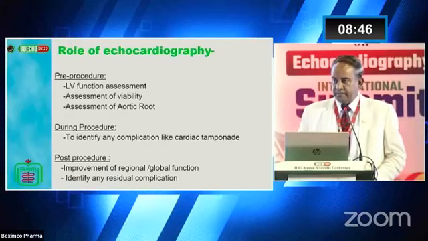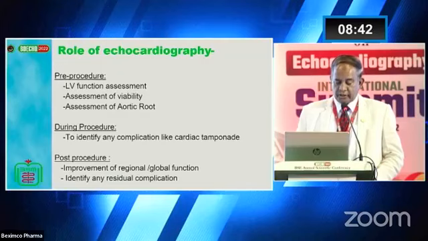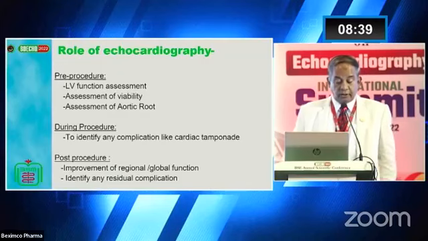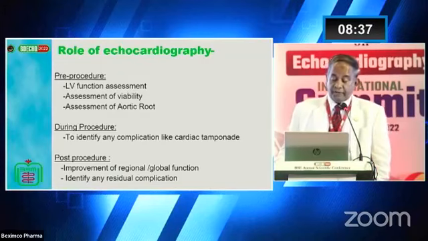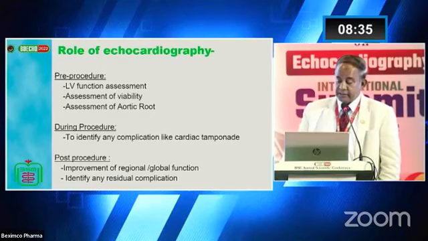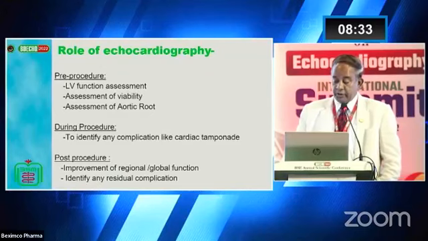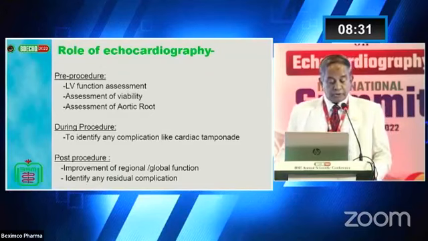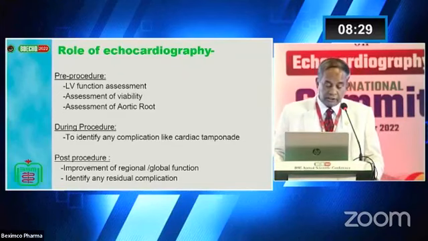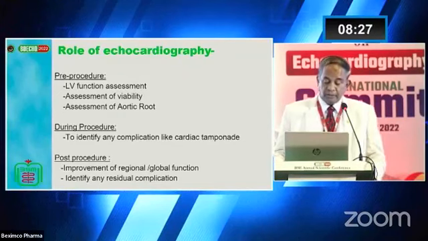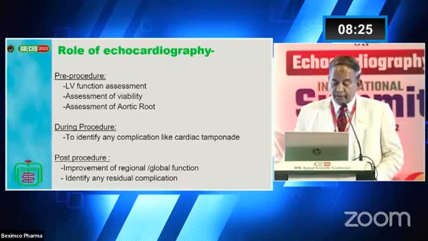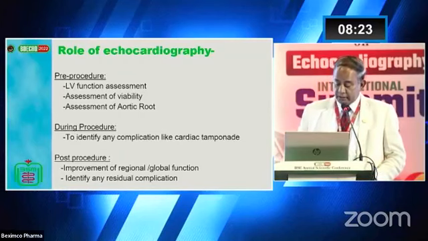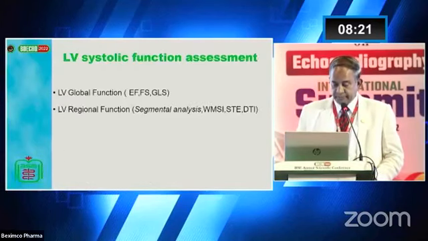This should be assessed before the procedure, especially related to the coronary artery. During the procedure, we identify complications such as cardiac tamponade. Post-procedure, we see improvement of regional and global LV function and identify any residual complications.